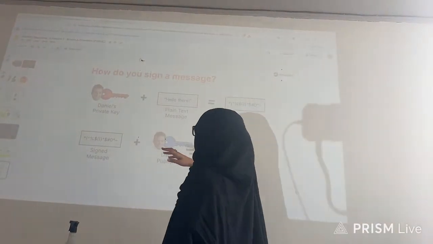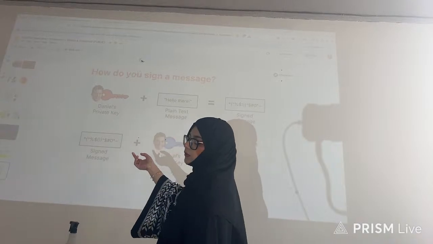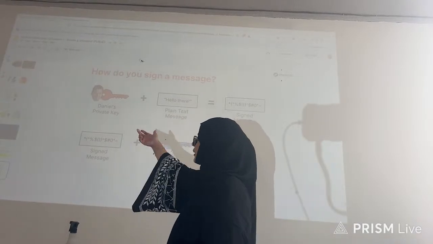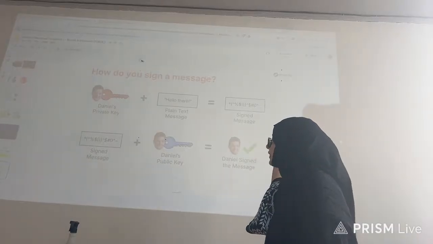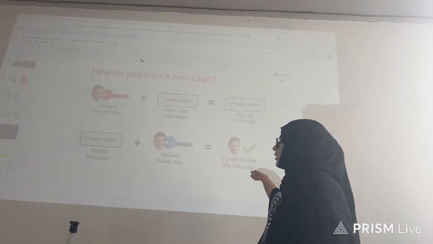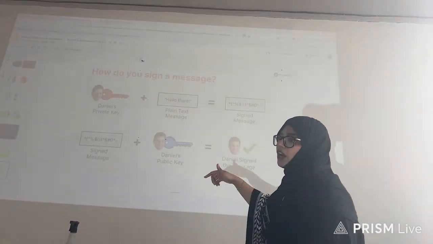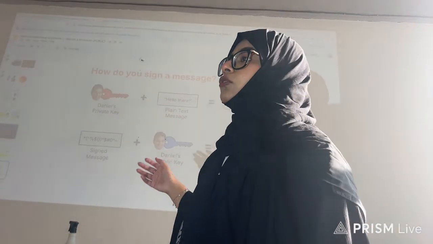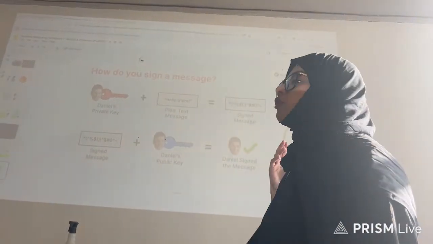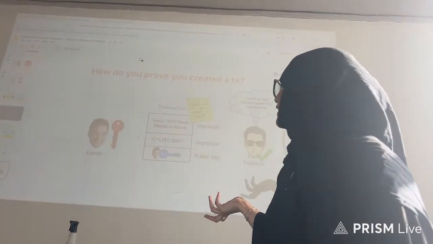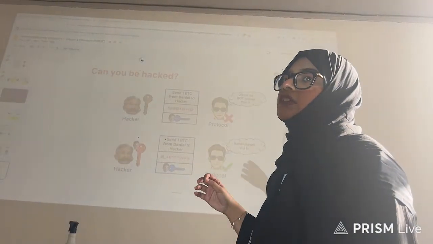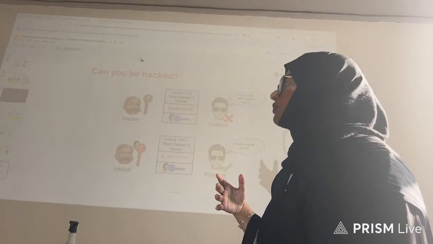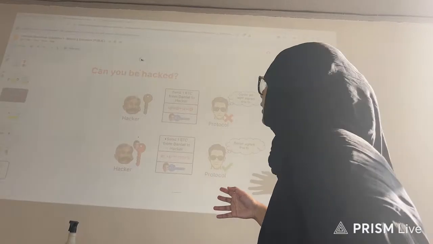But here's the thing that we discussed yesterday: your private key plus a plain text message becomes your signed message. That, along with your public key, will show that you are the one that signed this message. So the major question that we tackled was, can you be hacked? The only way you can be hacked is if you gave out your private key.